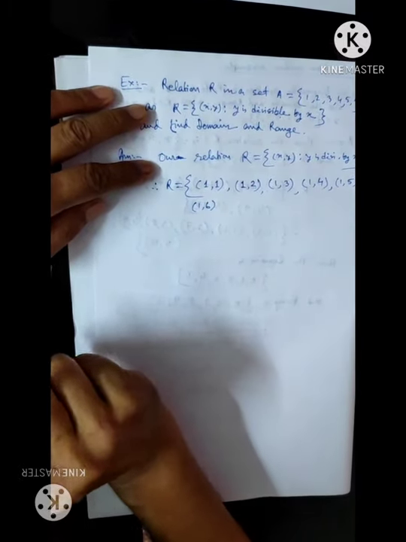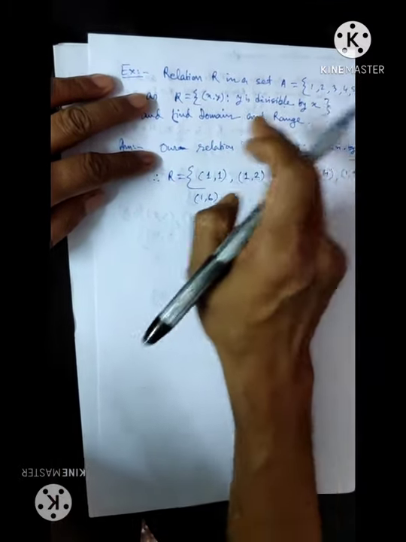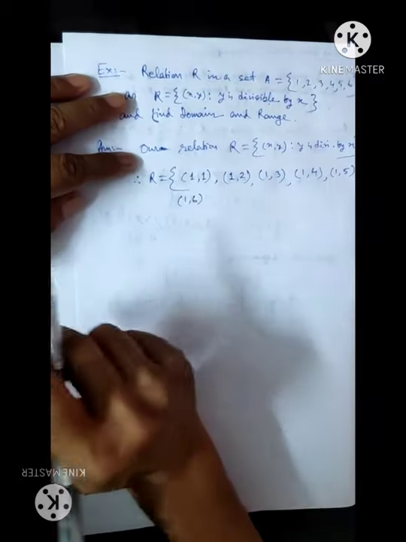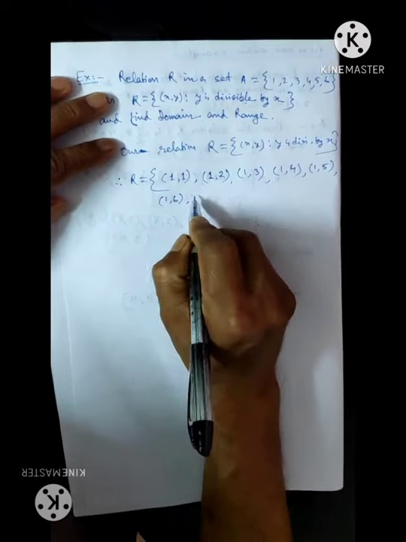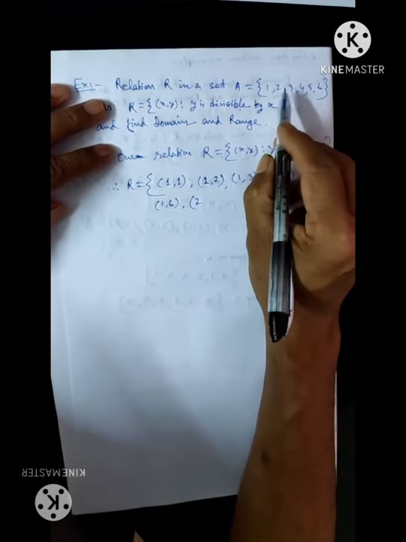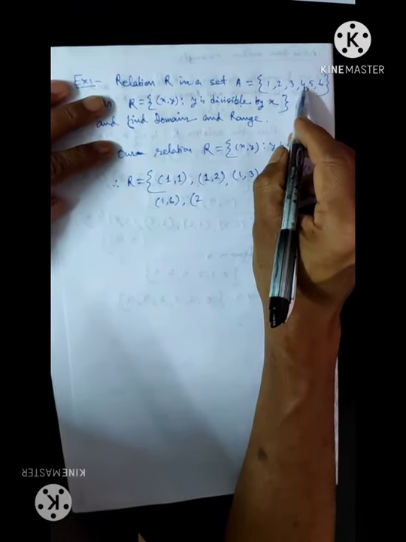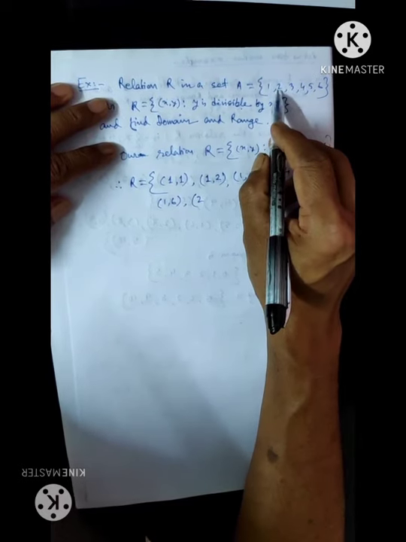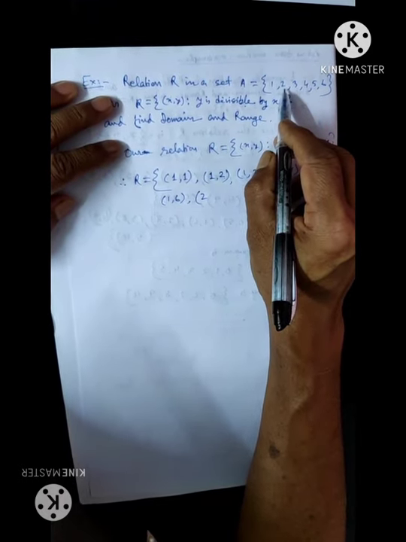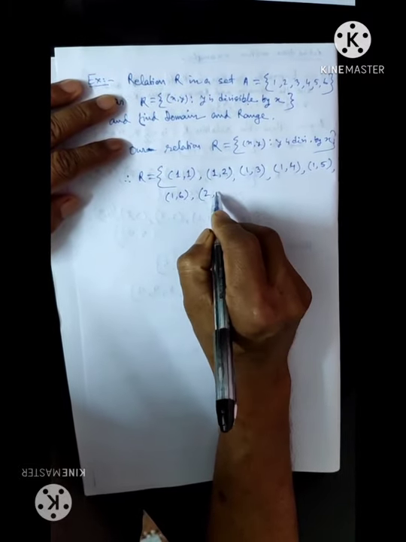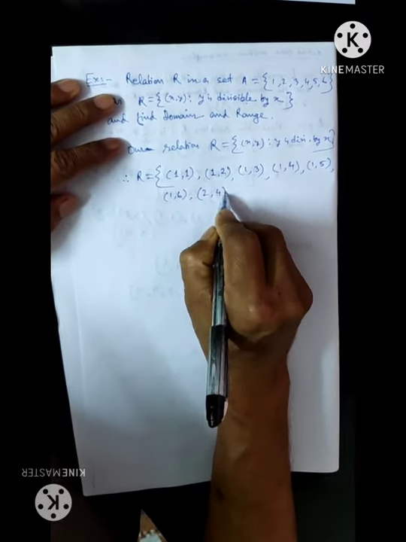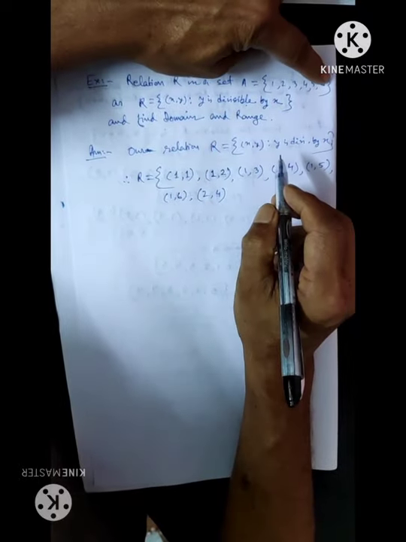This is the set of ordered pairs for the element 1. Next, if we take 2, 2 is a factor of 4, so 4 is divisible by 2 and 6 is divisible by 2.